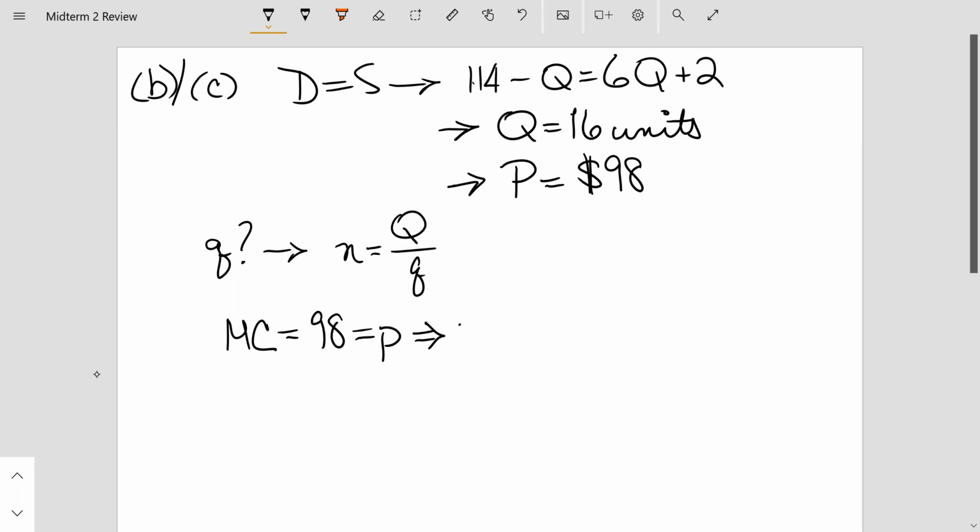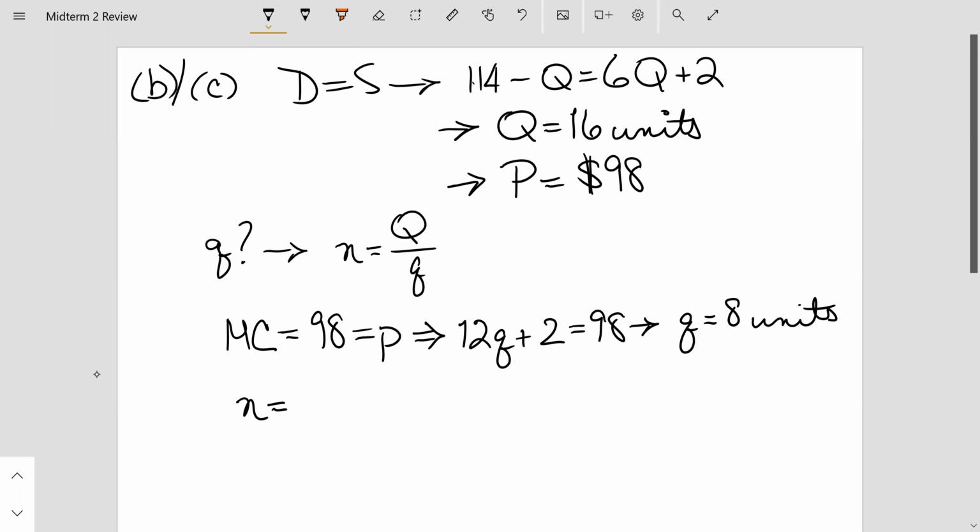So 12q plus 2 is equal to 98. And you get that little q is equal to 8 units. So then the number of firms is going to be 16 over 8, which gives us 2. 2 firms in the short run.